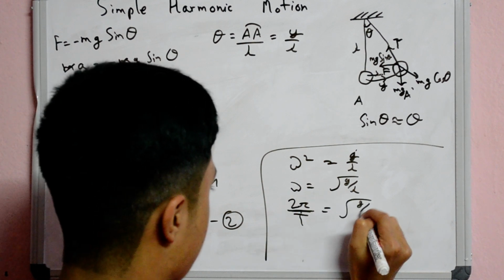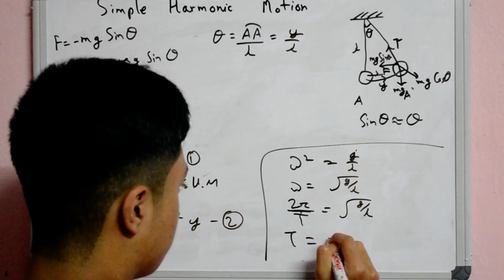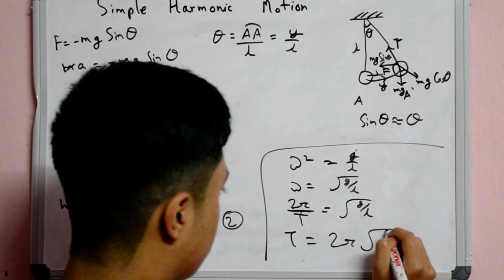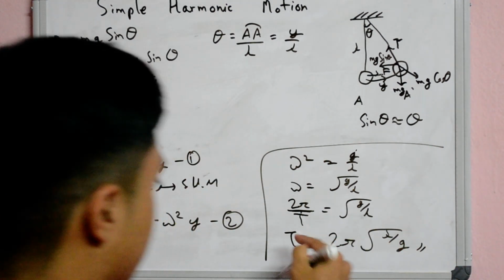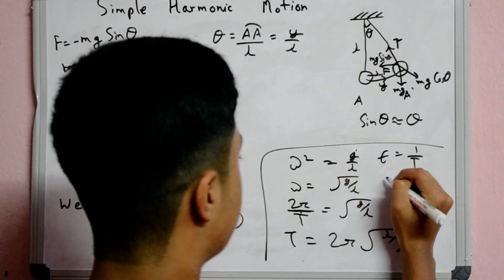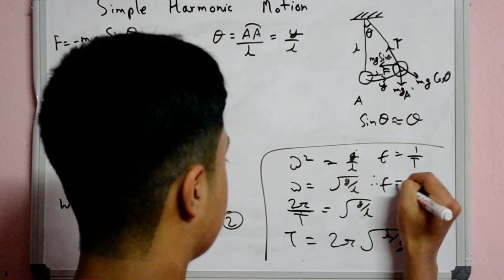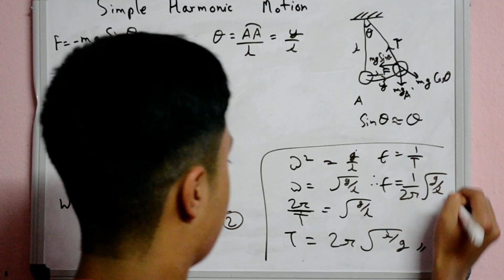Which just gives us time period is equal to 2 pi root L by g. And of course the frequency is just 1 by time period, so the frequency is 1 by 2 pi root g by L.